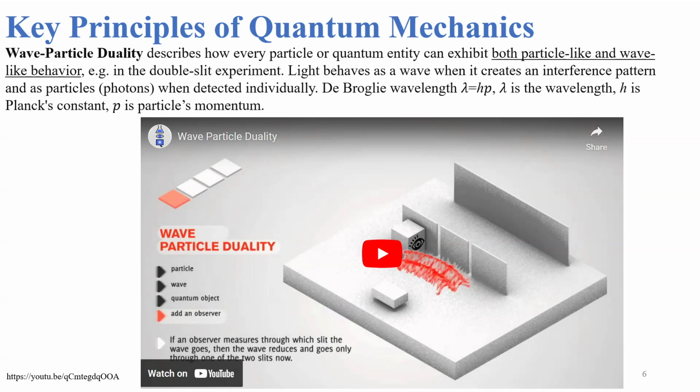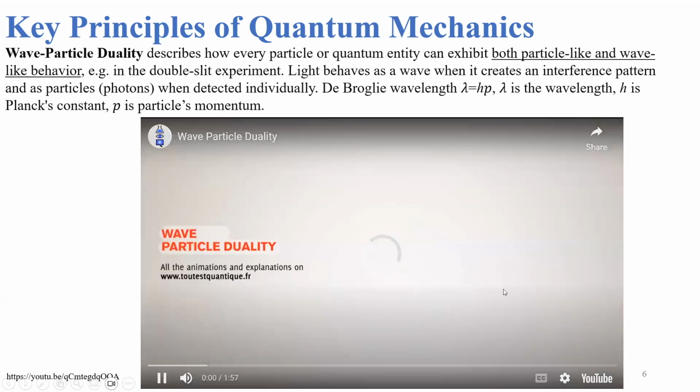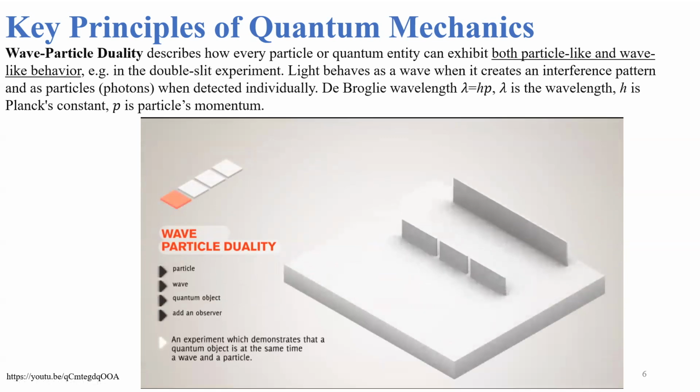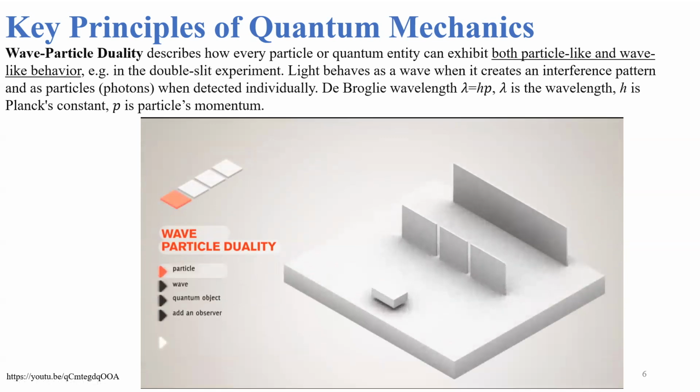So let's look at this phenomenon in an animated video. In this experiment, we demonstrate a quantum object. Here a particle is sent to two slits. They are touching the screen randomly. So this is the particle behavior.